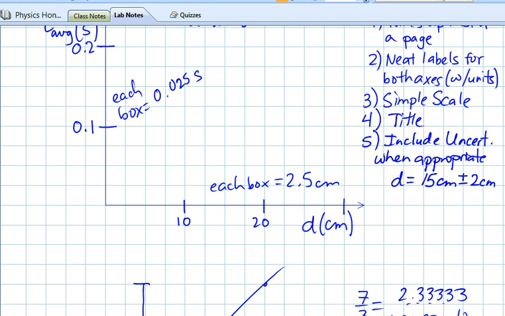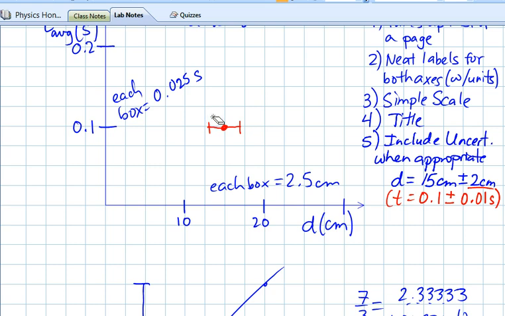Okay, so the way that we do this is, and let's say that for fun the time was equal to 0.1 plus or minus 0.01 seconds. So that data point would be right here, 15 centimeters and 0.1 seconds. In order to show the uncertainty in the distance, we travel plus or minus 2 centimeters on the axis away from the point. So right here is 15, this is 17.5. So we go over about 2, and then we go this way, about 2.